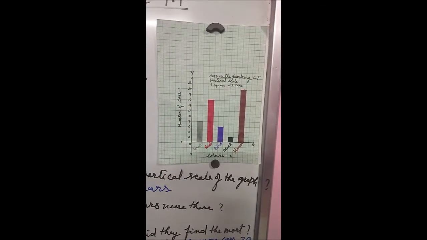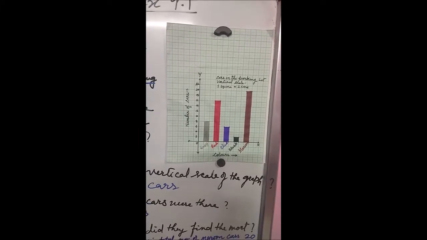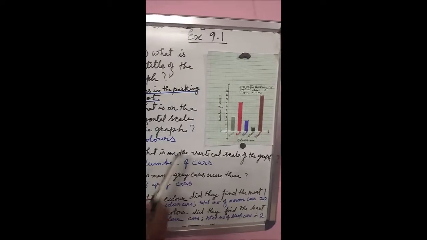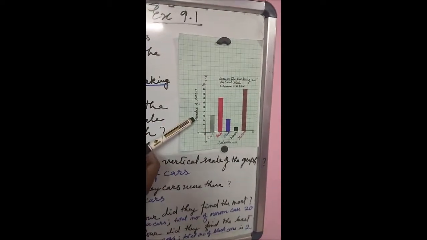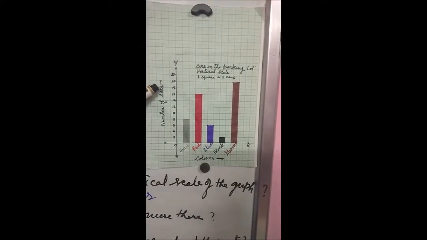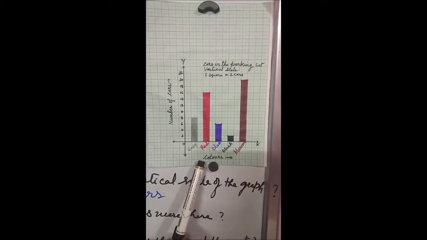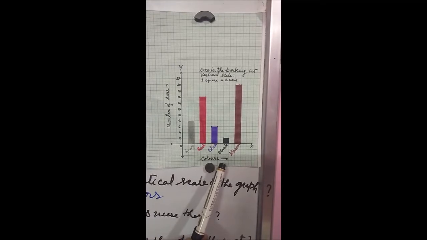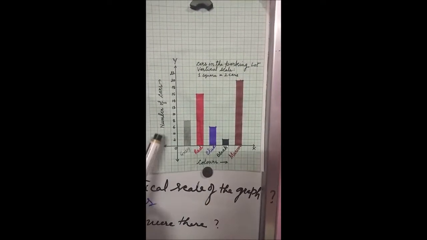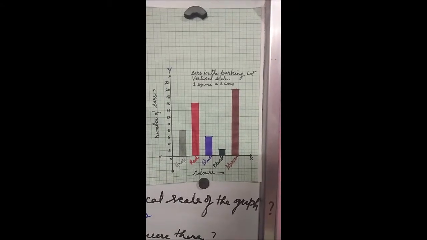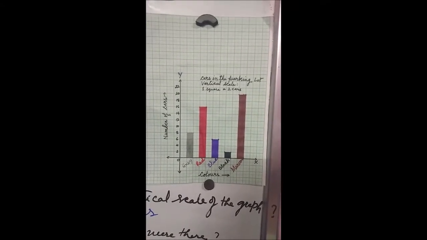Okay, and the bar graph should have the labels. Now what are the labels here? You can see here on the vertical side I have written number of cars, and on the horizontal scale it is written colors. That means the colors of the car and the number of cars. So these are the labels stating the data represented on the scales.